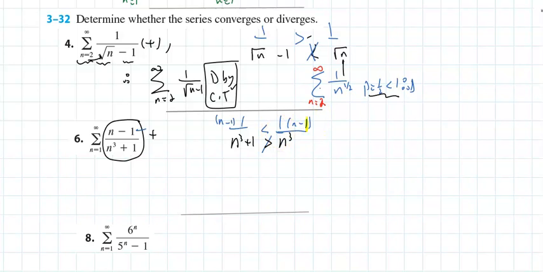If I can't, I could still do the problem, but it'll be easier if I put an n in there and n cubed. So basically, I'm comparing n minus 1 and n. Which is bigger? As long as the inequality is matching in direction, I'm in good shape, and that is 1 over n squared. And 1 over n squared converges. The series of 1 over n squared is a p-series.